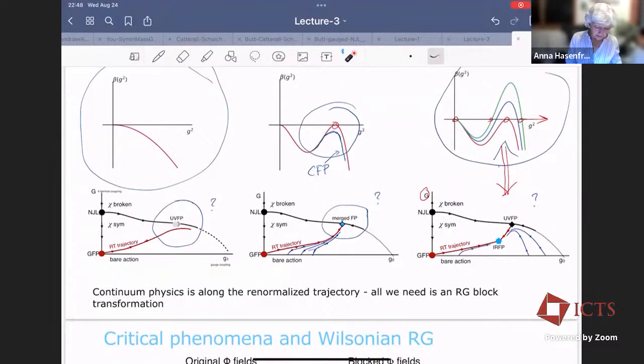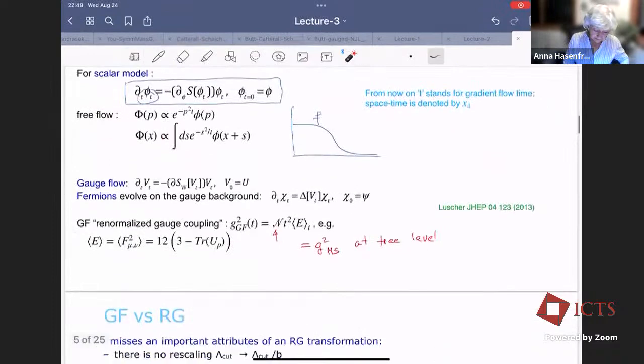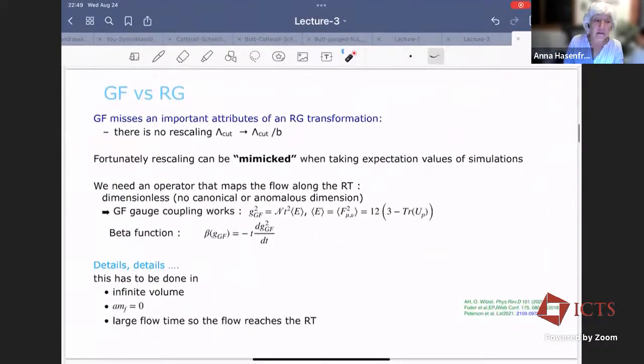All we need for that is an operator that really measures how far the flow has progressed along the trajectory. And a little bit of thinking shows that, in fact, any coupling will work for that is dimensionless. We cannot afford to have a dimensionful coupling because that picks up extra factors as we do an RG transformation. But if we have a dimensionless coupling, no canonical and no anomalous dimension, that coupling will really track how we move around the RG trajectory.